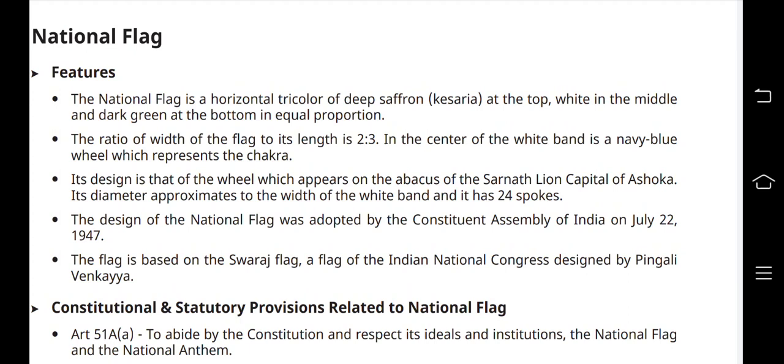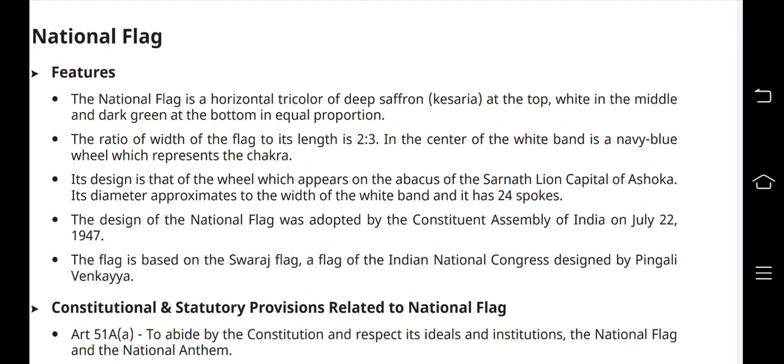In the center of the white band is a navy blue wheel which represents the chakra. Its design is that of the wheel which appears on the abacus of the Sarnath lion capital of Ashoka. Its diameter approximates to the width of the white band and it has 24 spokes.